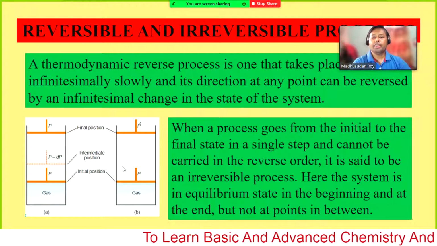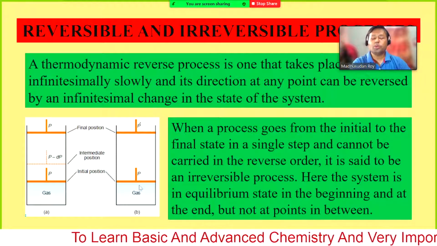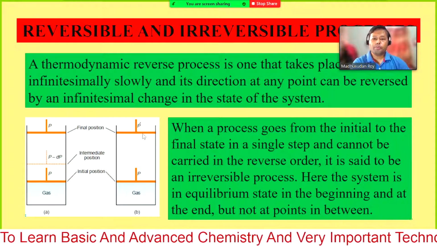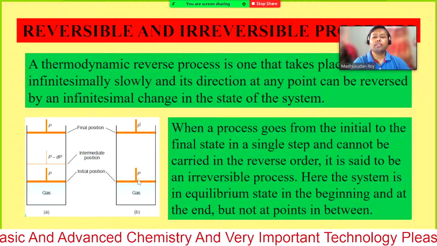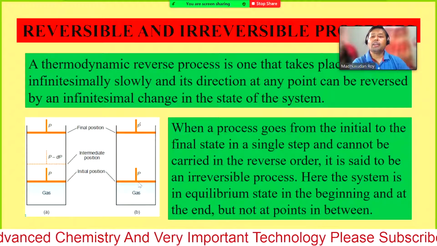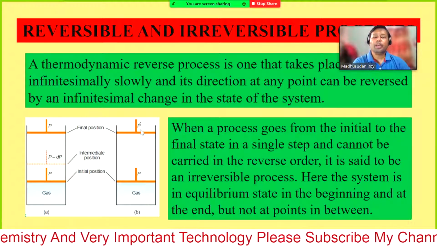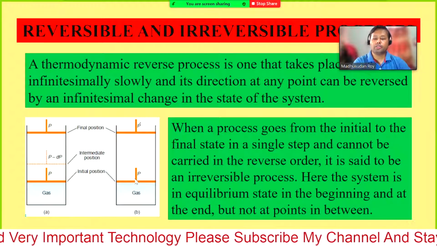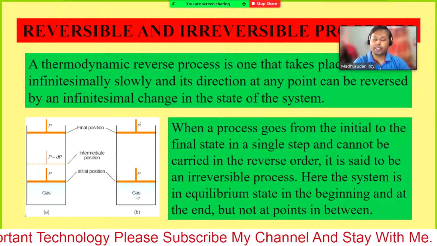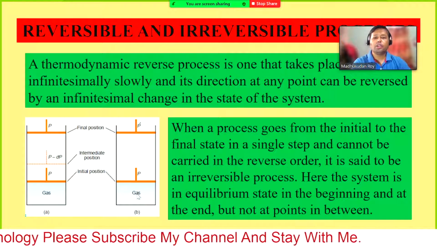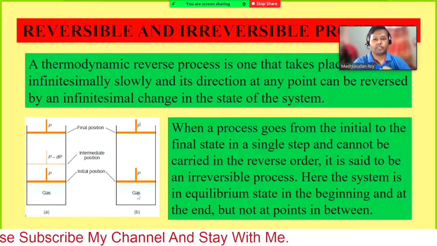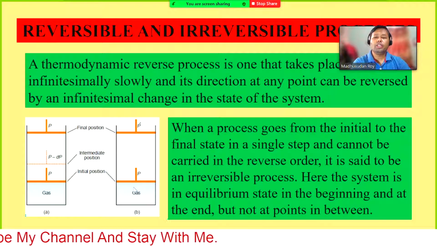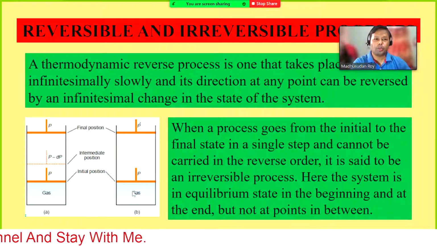But in the case of the other system we are considering now, you change the condition: you can increase the pressure of the gas or decrease the volume of the system in a rapid process, a very short time, within a fraction of a second or a couple of seconds.